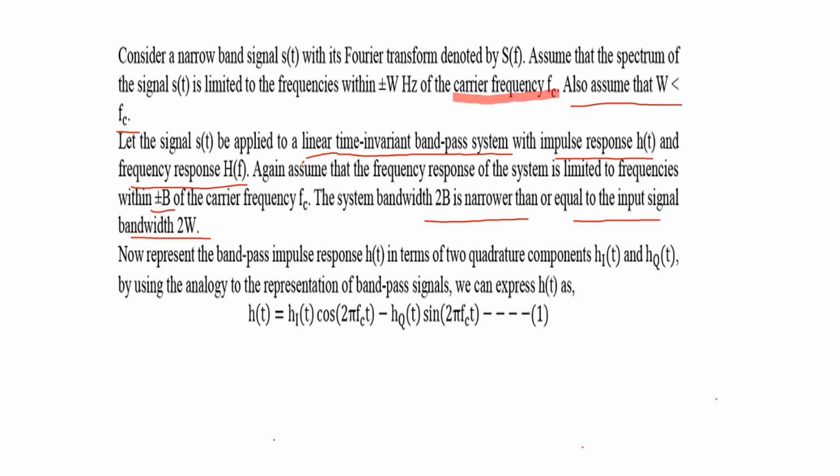But in this case we consider the system bandwidth 2B to be narrower than, or equal to, the input signal bandwidth 2W.